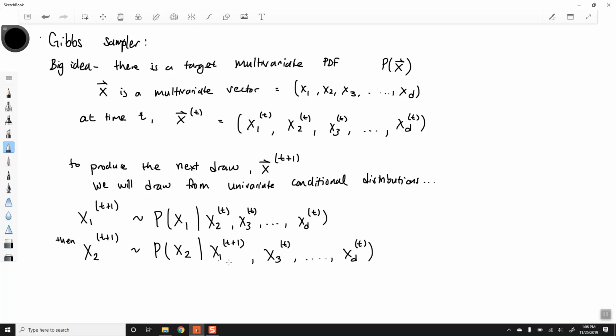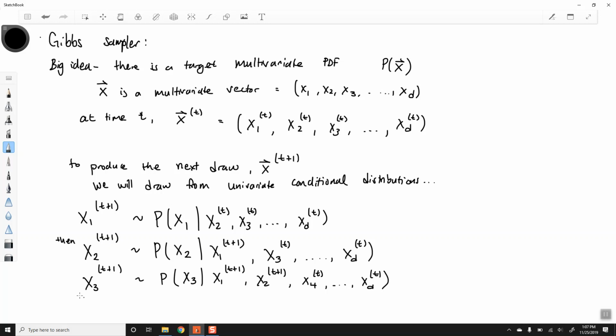Then x3 at time t plus 1 will come from the univariate distribution of x3, given x1 and x2 at time t plus 1, and then x4 at time t up through xd at time t.